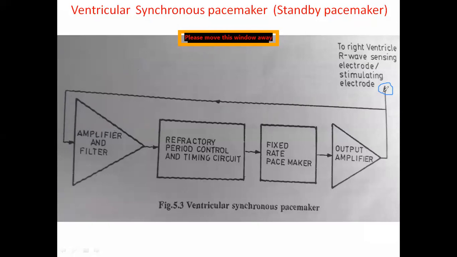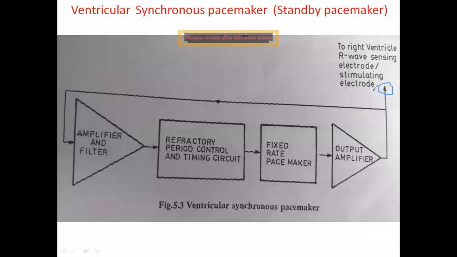It produces the cardiac output. Here we can observe that by this electrode we get both the P and QRS waveforms.